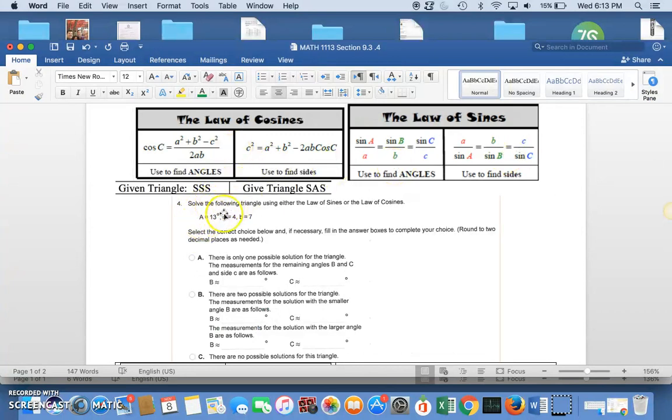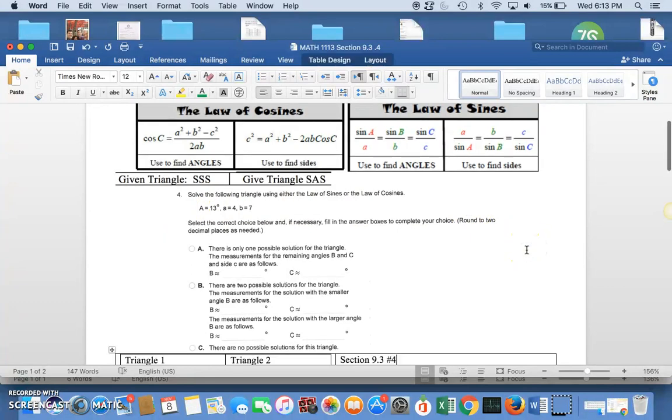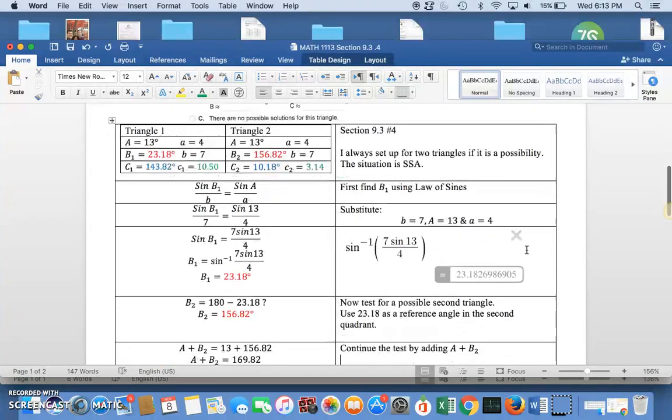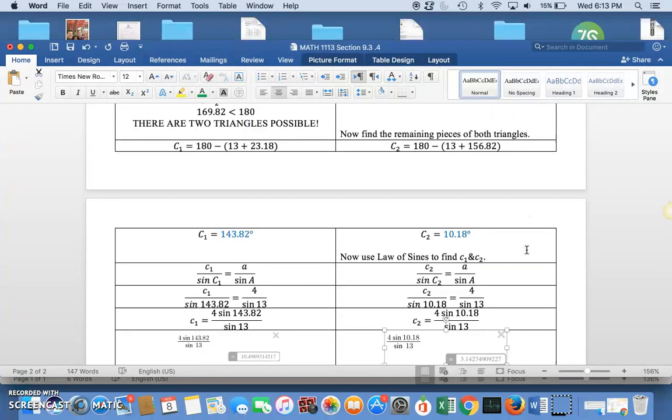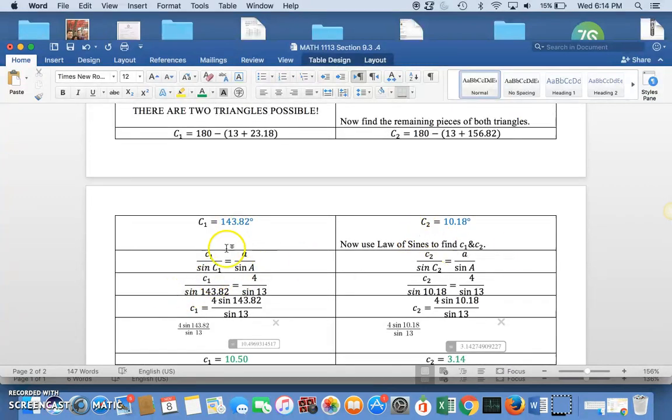Notice I've got A as an angle and A as a side, so that's the best one to use because you aren't using something you found, so that wouldn't be an error in itself. So set these up accordingly.